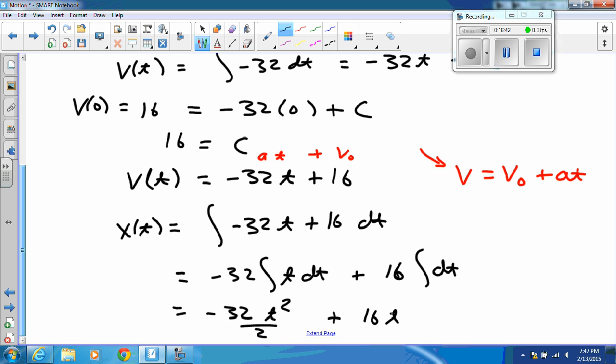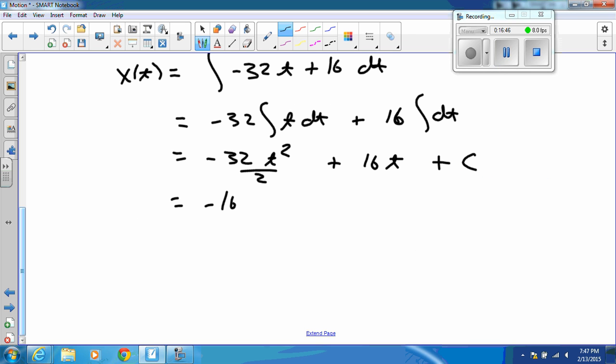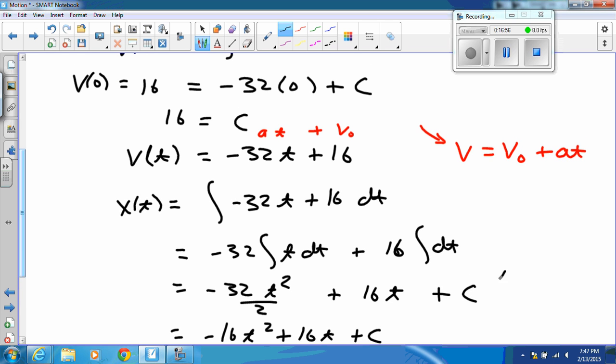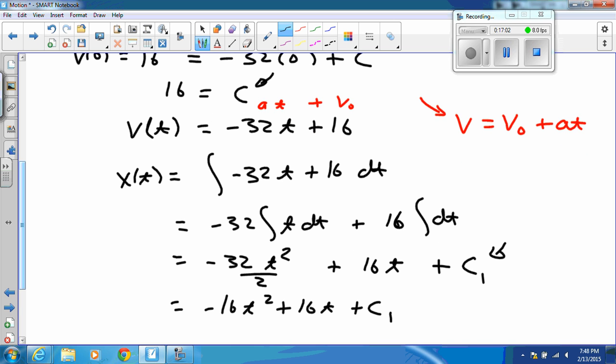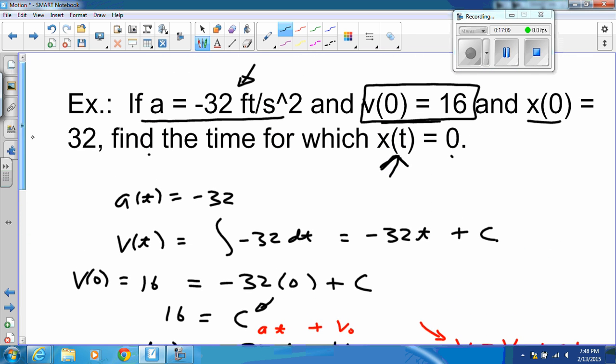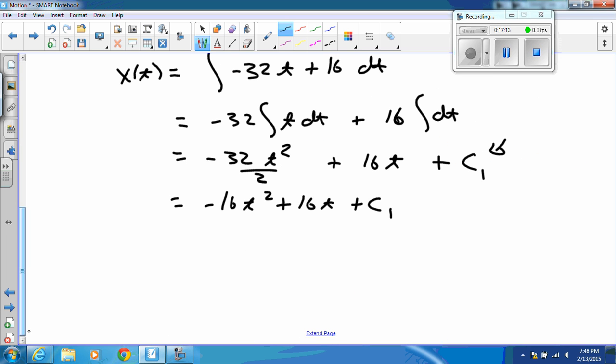And the first integral, add 1 to the power, divide by the new power. And second integral, 16 times t plus c, which gives me negative 16t squared plus 16t plus c. Since this c here is different from this c right here, sometimes you'll see books write this as c1 to distinguish the two. And we can do that.